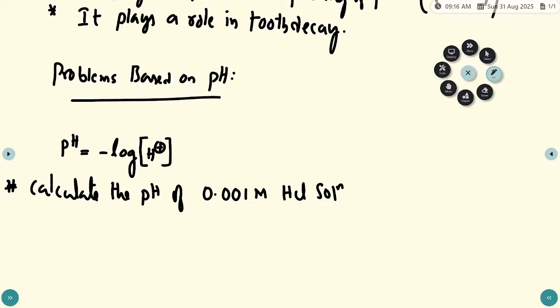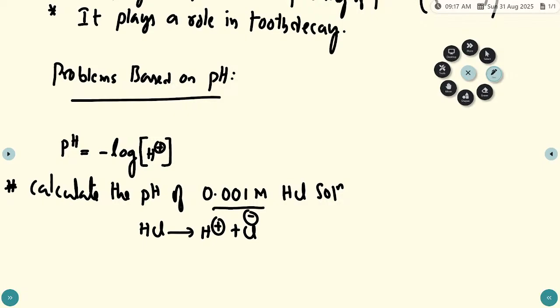See, so here in this given 0.001 M, that is the concentration of HCl solution. In that HCl solution, H plus ion is there and Cl minus ion is there. Okay.